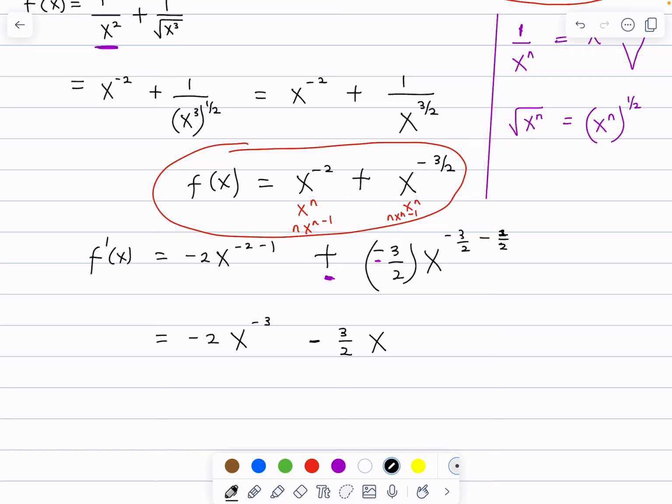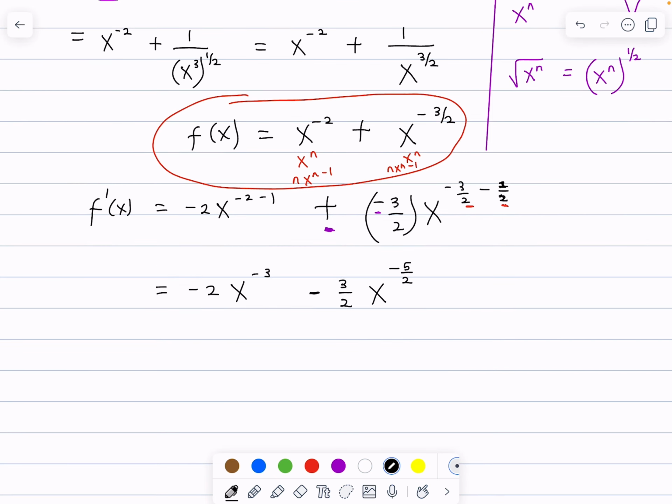The reason I use 2 over 2 is that I want these denominators to be the same. 2 over 2 is the same thing as 1. So the power here is just going to be negative 5 over 2.